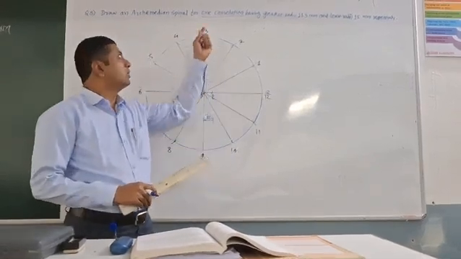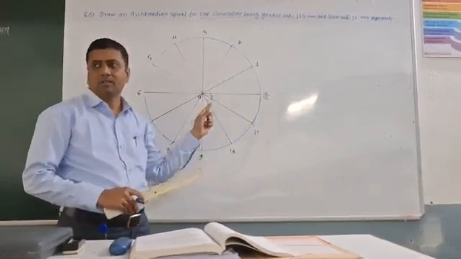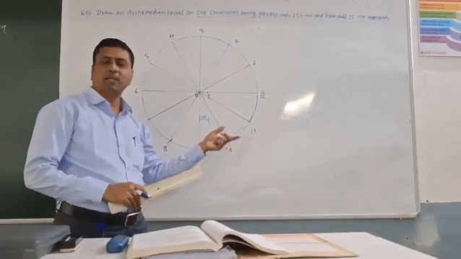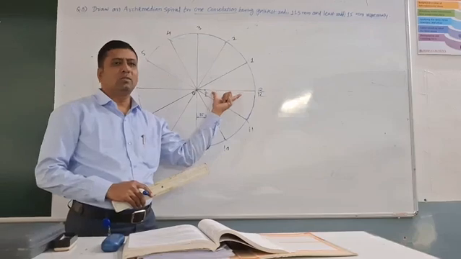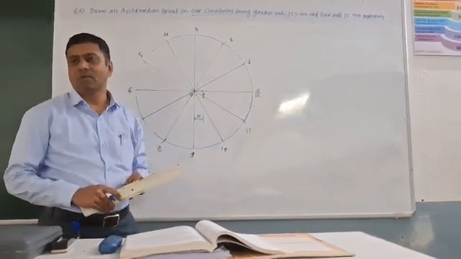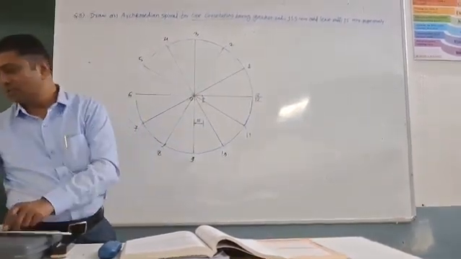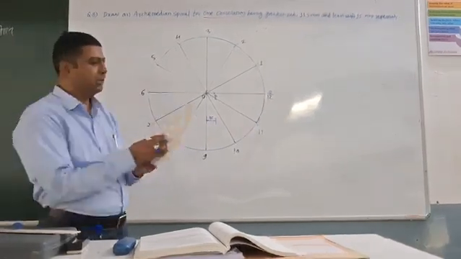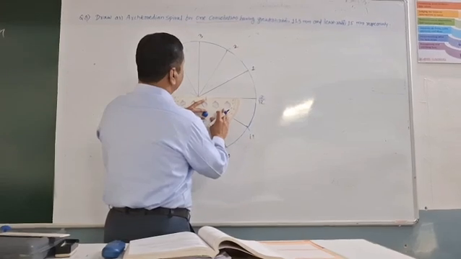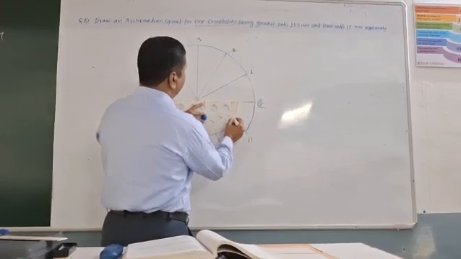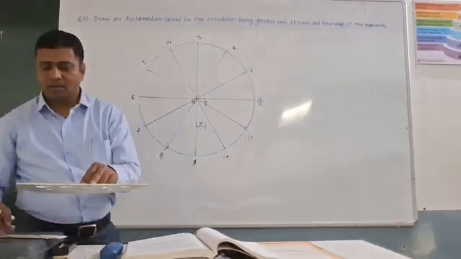Now here one convolution means 360 degrees. The circle we have divided into 12 parts, 360 degrees. Divide the line PQ also into 12 equal parts. As our usual method, take the protractor, mark an angle of 30 degrees, draw a line.